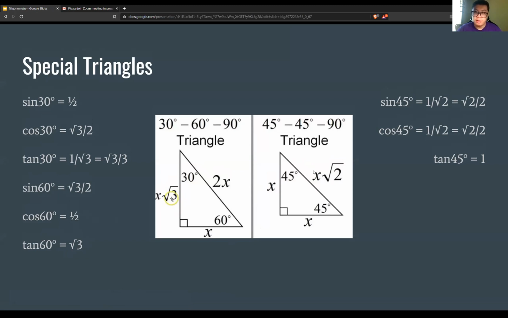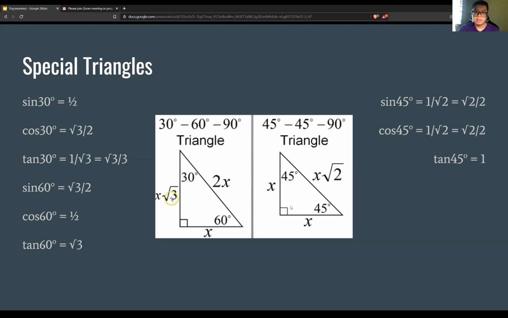Okay, now let's look at the 45, 45, 90 triangle. Let's look at sine of 45 degrees. So it doesn't matter which angle we choose, it's the same. So sine of 45 degrees is opposite divided by hypotenuse. Here, let's choose the top 45 degree angle over here. So sine of that would be this x right here.